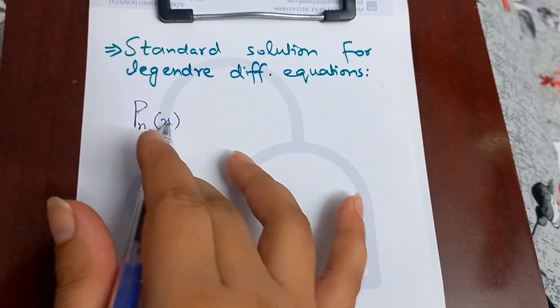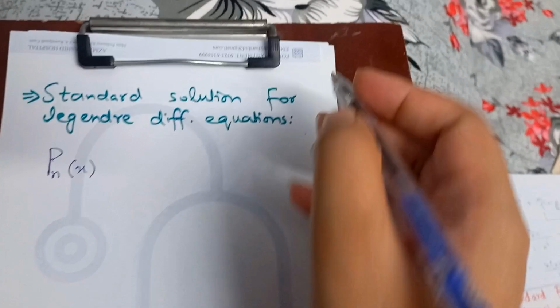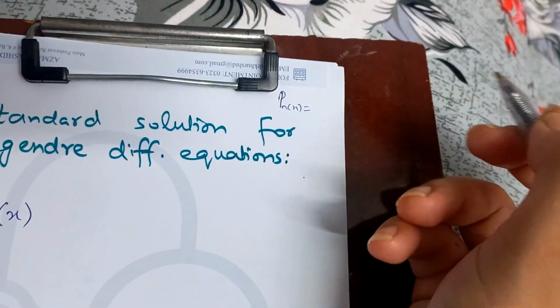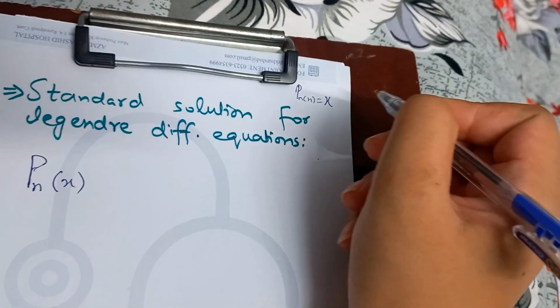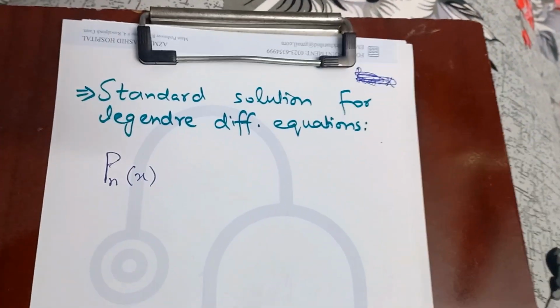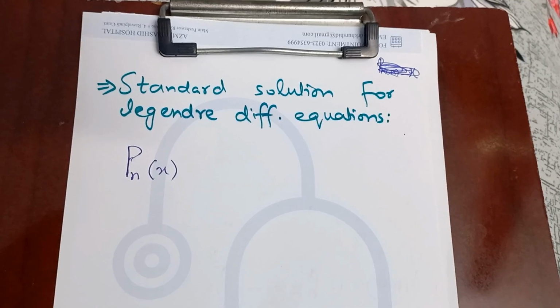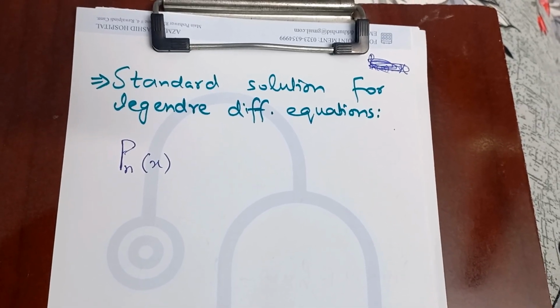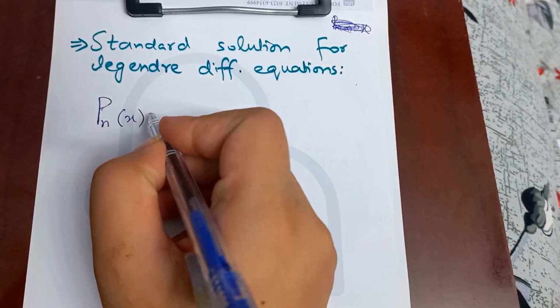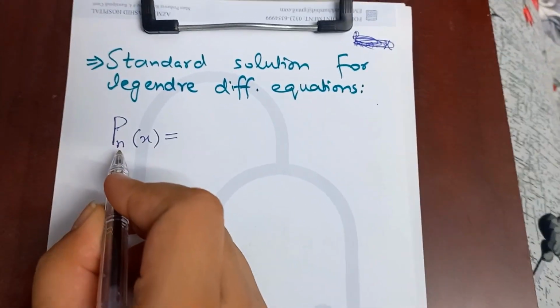It's just showing that it is a function of x, like Pn of x will have a single variable, which will be x square, x cube, or something about x, multiplied or divided by some constants. The variable here will be x only, and this is actually the solution.